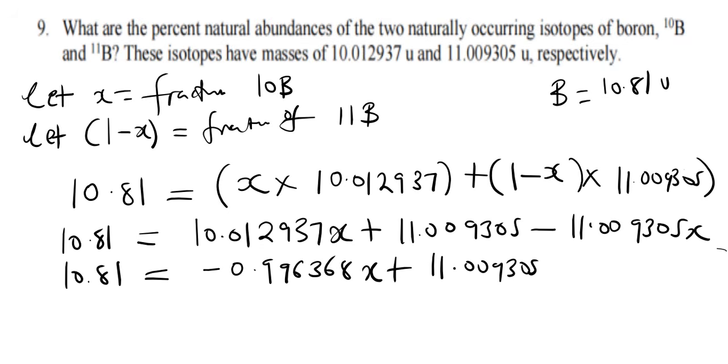Then what do we do? I'm supposed to take the 11.009305 to the other side, so it subtracts from this number. I'm just supposed to subtract 10.81 minus 11.009305. I'm getting negative 0.199305.